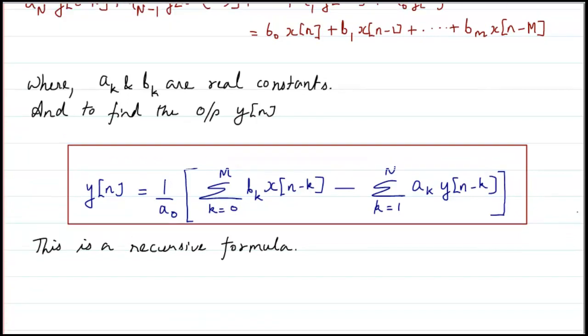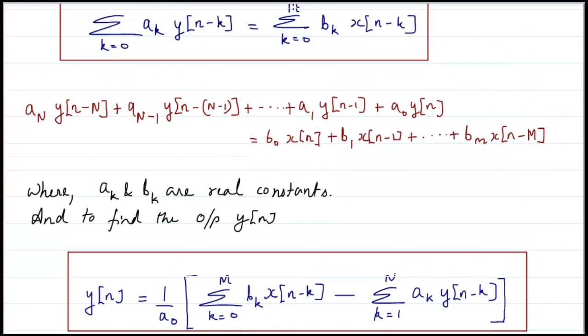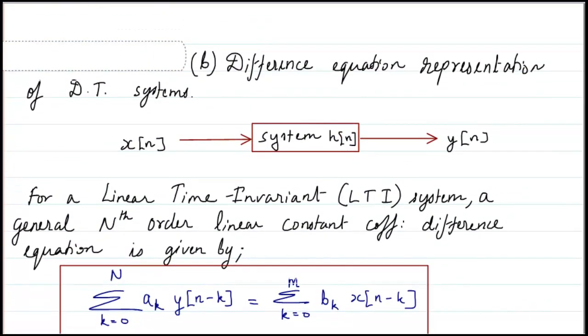And this very simple formula makes discrete time systems very, very attractive, and that is why now all these systems are going into a digital form. Whether you take any equipment, most of them are going into digital format. Why? Because the system is very easily represented with a recursive formula in the case of a discrete time system.